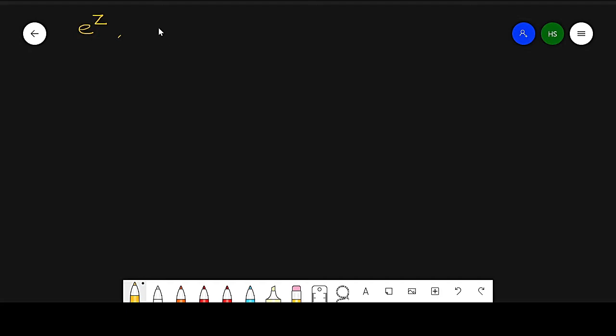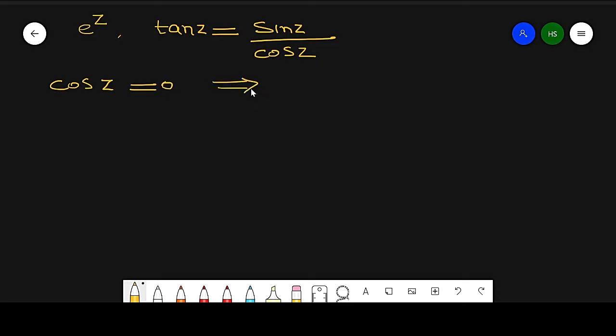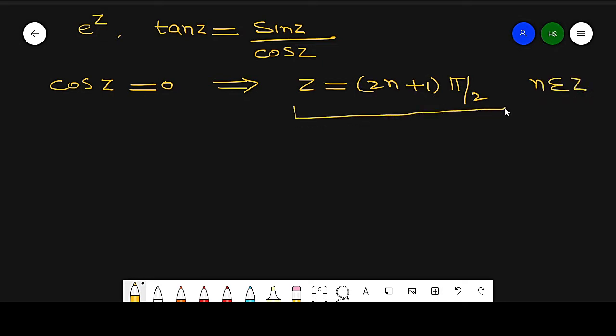Similarly, if I take tan of z, this can be written as sine of z over cos of z. So the singular points are those at which cos of z equal to 0. So cos of z equal to 0 implies z is equal to (2n plus 1) into pi by 2, where n belongs to integers. So all of these are singular points.